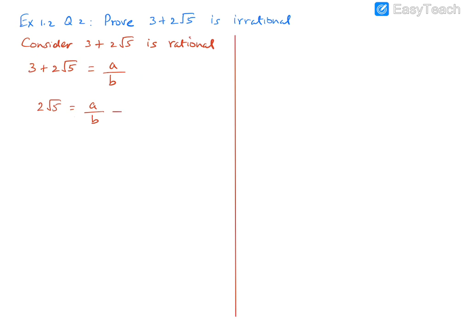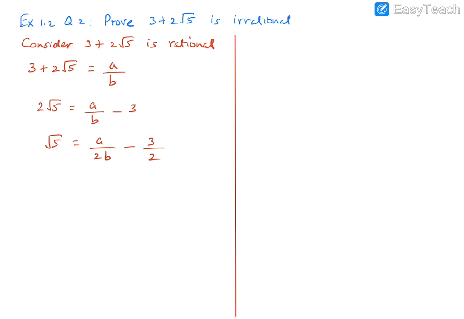So that will be a by b minus 3, or we can write root 5 as, we'll take the 2 also to the other side, root 5 as a by 2b minus 3 by 2. I've just taken the 2 also to the other side. Since 2 is multiplying here, when it goes there it is going to divide. So we have root 5 as a by 2b minus 3 by 2.